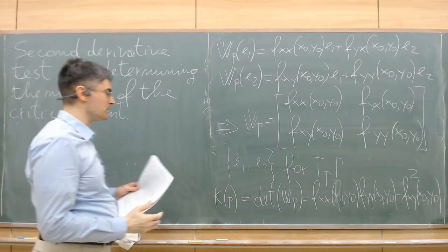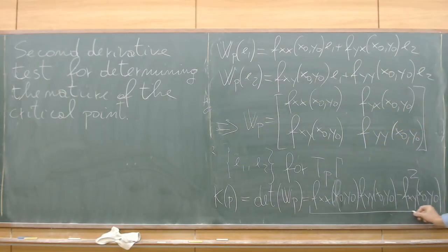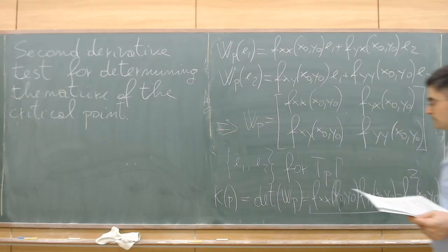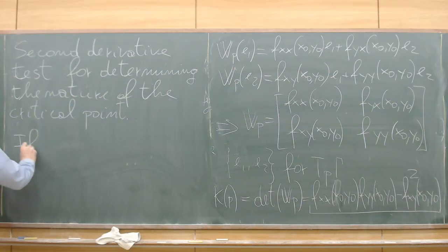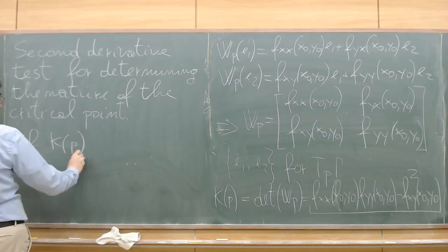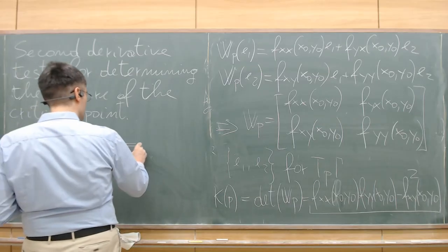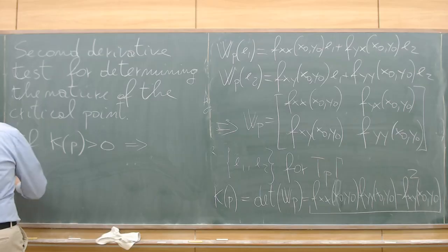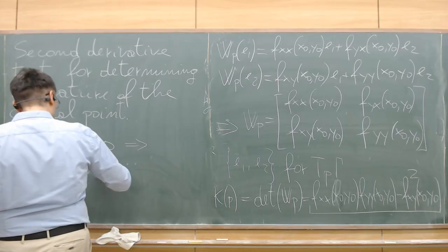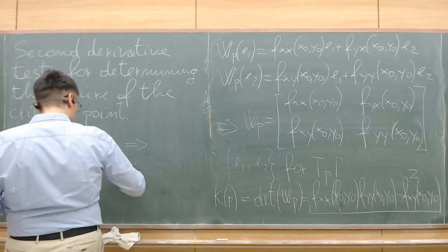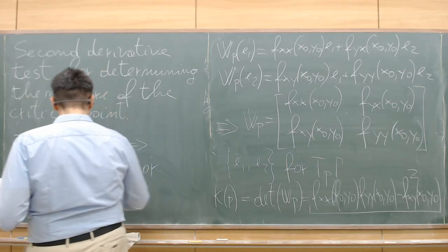You have that if this quantity is positive, then you have a local minimum or maximum.